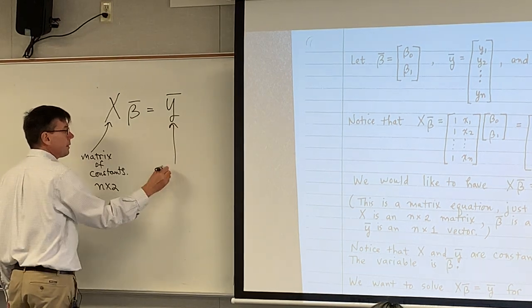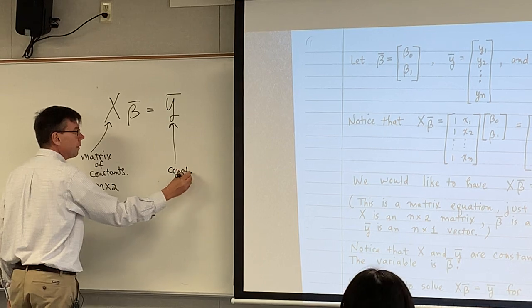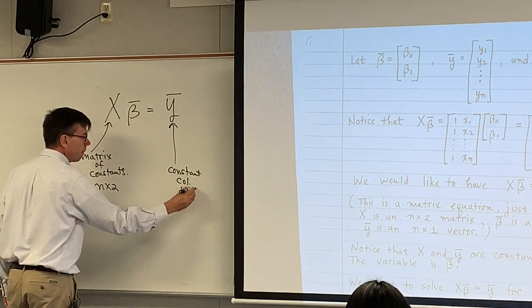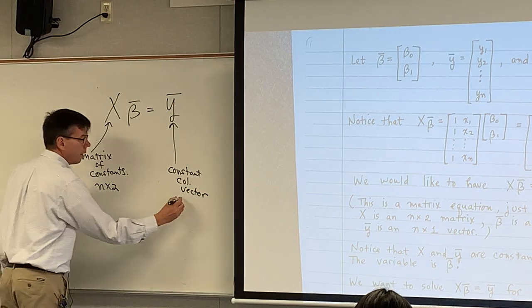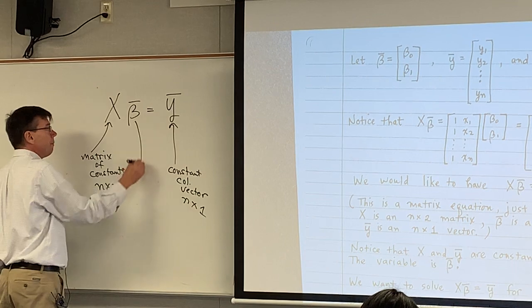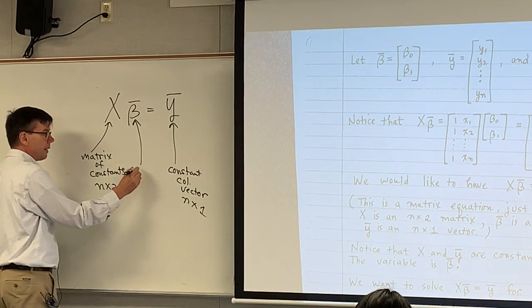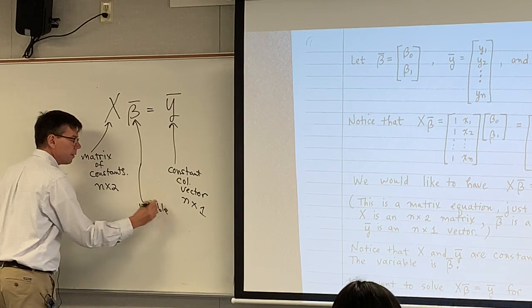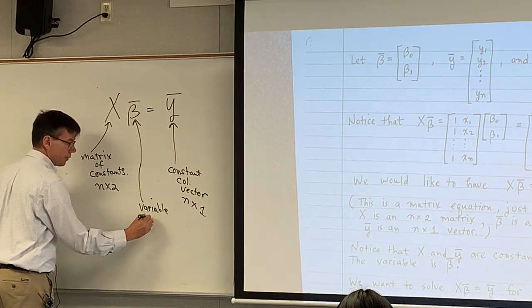This is a constant column vector, n by 1. And beta is our variable in the equation. It's just a 2 by 1.